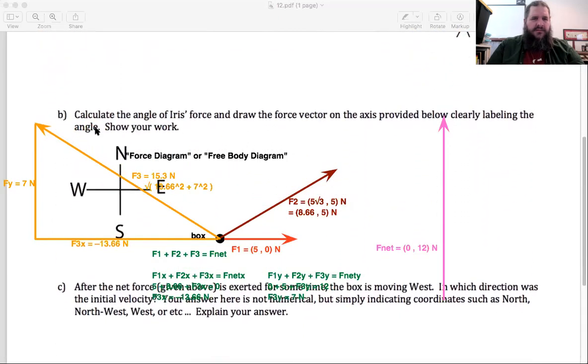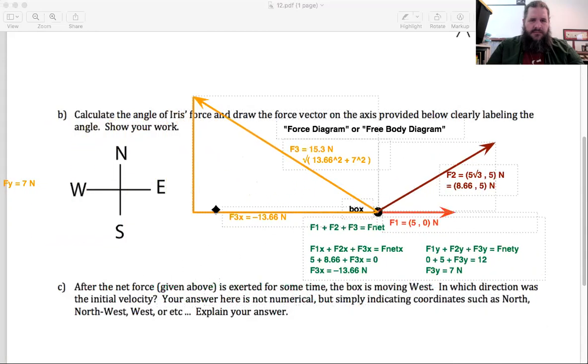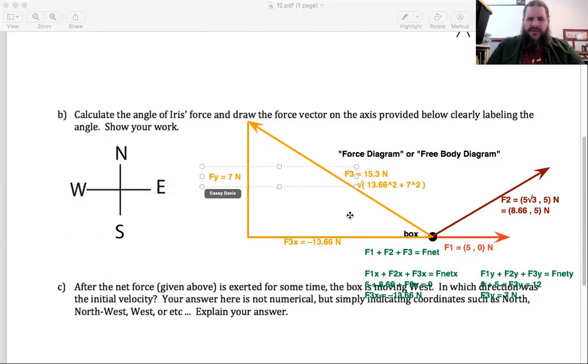Let's try that out. I'm going to get rid of the F net vector because we've now figured out the important components we needed. So let me move these aside for the moment. And let's focus on that F3 direction.